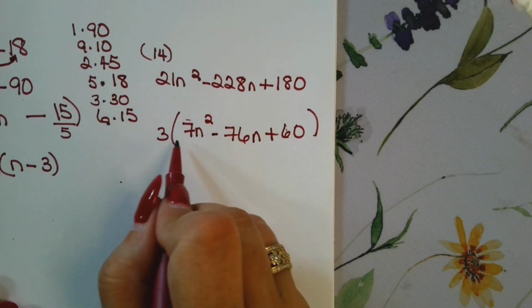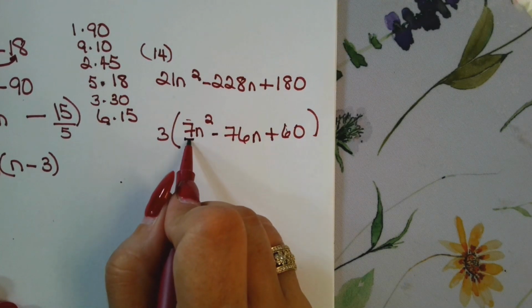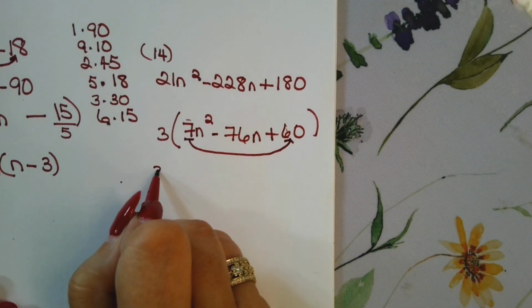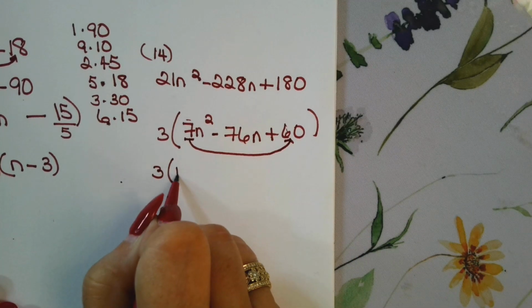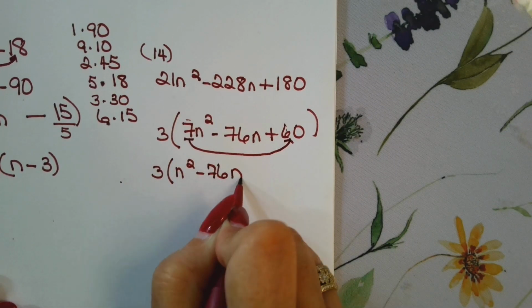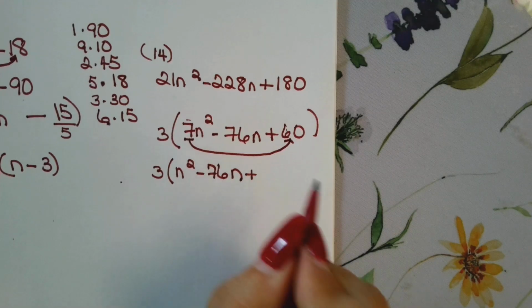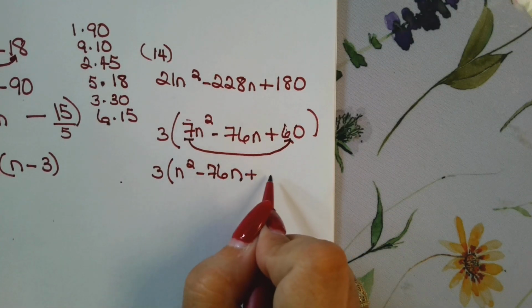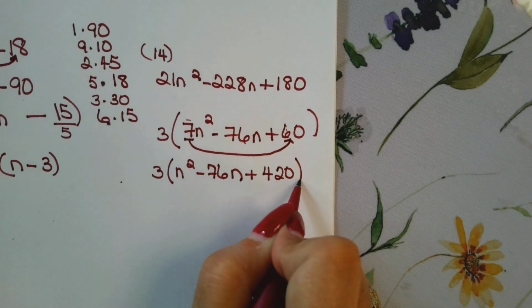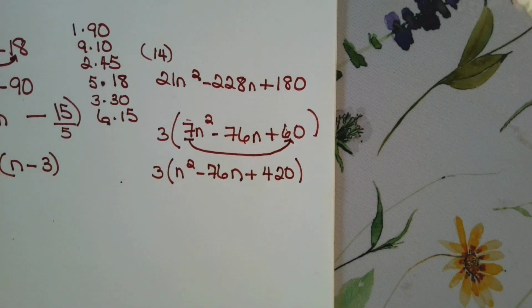And at this point, we're going to have to take this 7 and take it all the way out here and multiply that out. And that's going to be n squared minus 76n plus, that's going to be 420. Oh, lovely. All right.